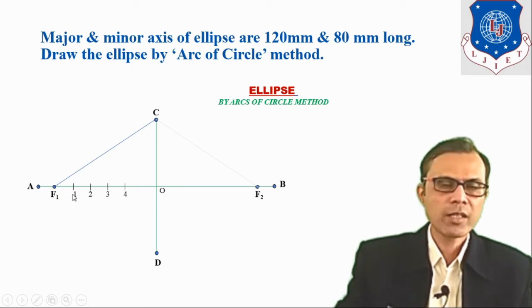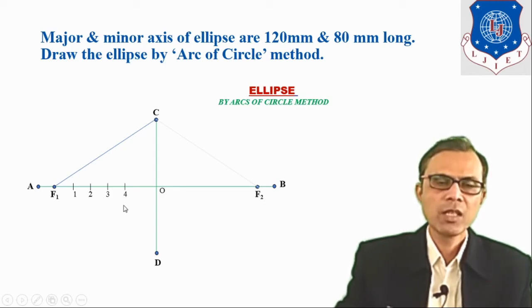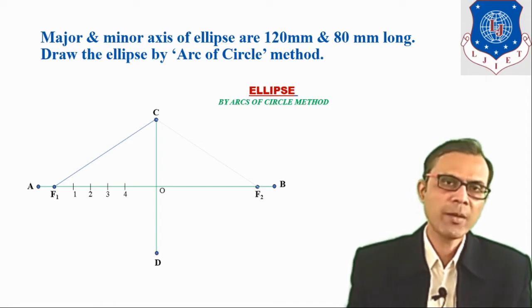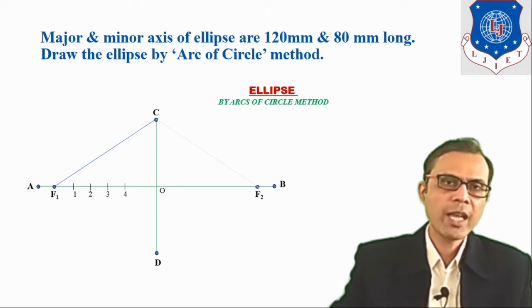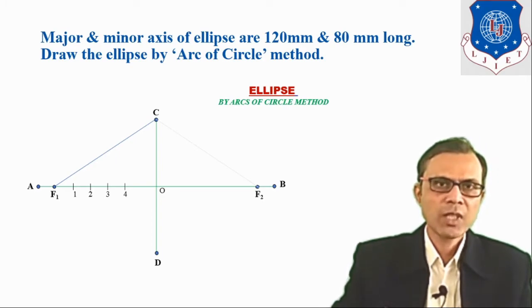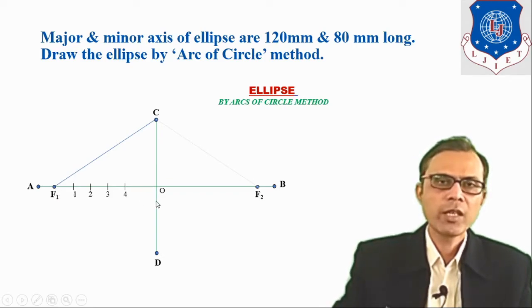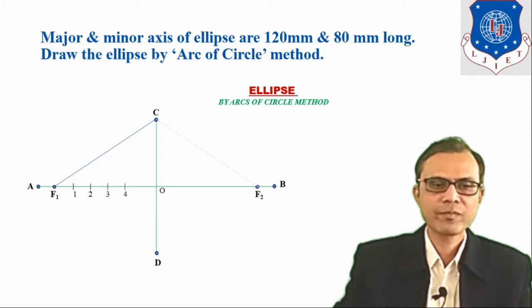It is not necessary that all the divisions have exactly equal dimensions, but they should be somewhat equal. If there is some minor difference between the dimensions of the divisions, then it is okay. So here we have divided F1O into 5 divisions.